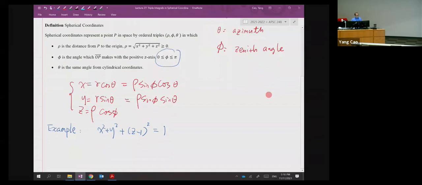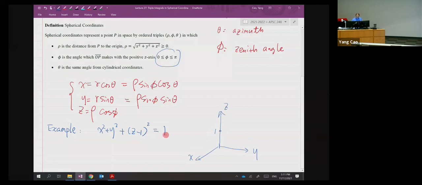So this is a very common equation. I think you probably know what it is. This is essentially a sphere with a center at 0, 0, 1, and its radius is 1. So if you're required to sketch this sphere, you can find its center first, which is 0, 0, 1. So that's your x, y, z at 1 here.